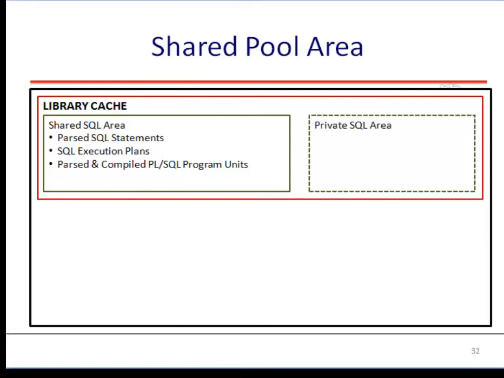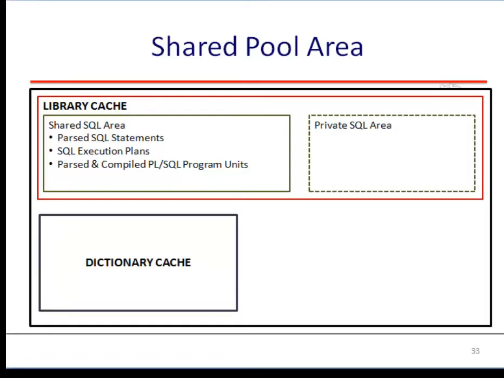Now, there's also a component called the private SQL area. Private SQL area typically is a part of the program global area, which is something that we'll be seeing later. But in the case of a multi-thread architecture or a shared server architecture, in such scenarios, the private SQL area is also part of the shared pool area. The next component is the dictionary cache.